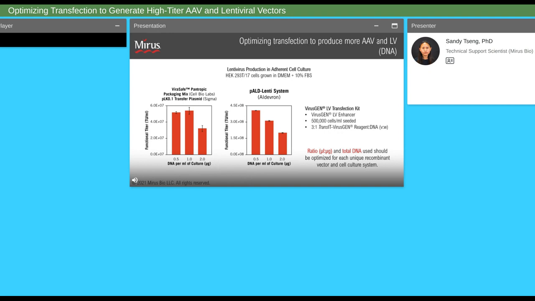And notice here on the y-axis, there is an almost 10-fold increase in lentivirus titer when the pALD system from Aldevron was used. The optimal mass of DNA to use per transfection also varied. This really highlights that the DNA that you use is an important consideration for transfection optimization, not only for each unique cell culture system, but also for each unique vector that's being produced.